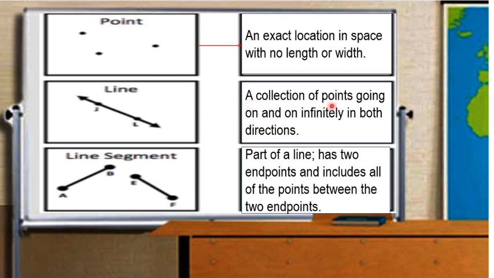Next, it is a collection of points going on and on infinitely in both directions. Correct. It is line. And the last one, it is a part of a line, has two endpoints and includes all of the points between the two endpoints. Of course, it is line segment.